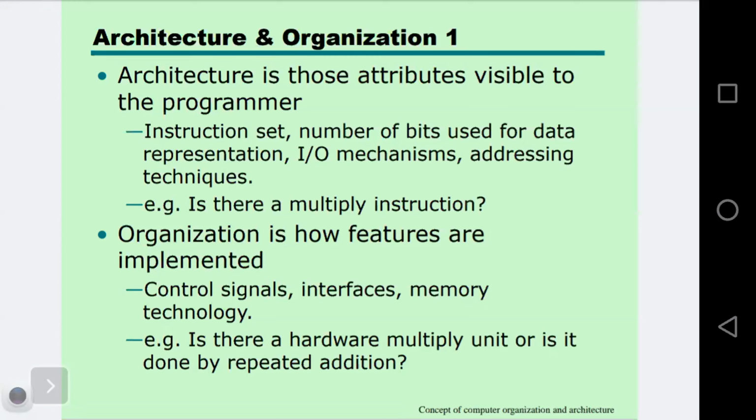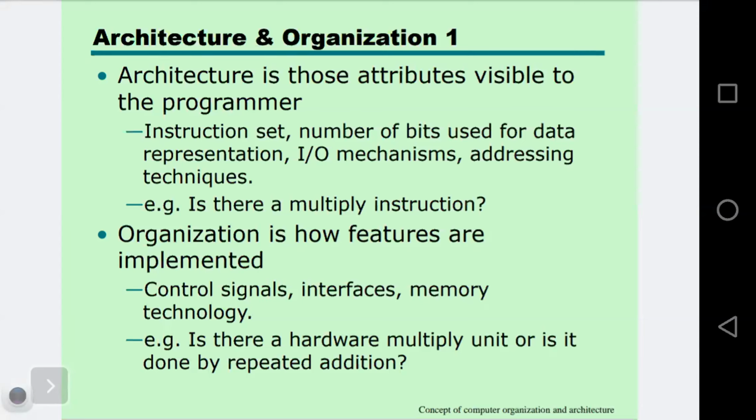You are not aware of how it is actually implemented, only what things are available in the program. If you want to multiply, what instruction is available. So architecture is related to what, and organization's main concern is how.